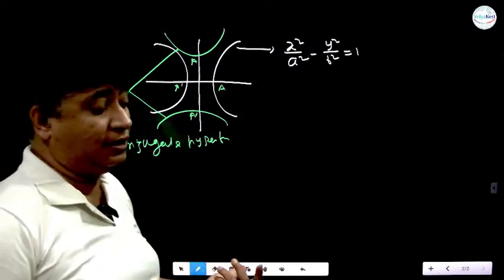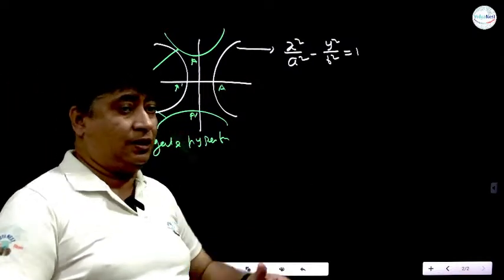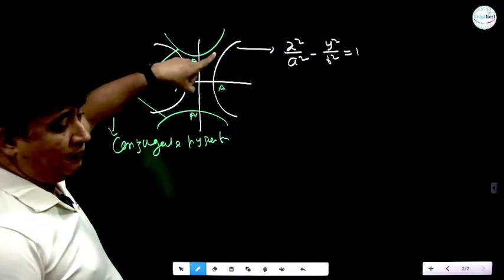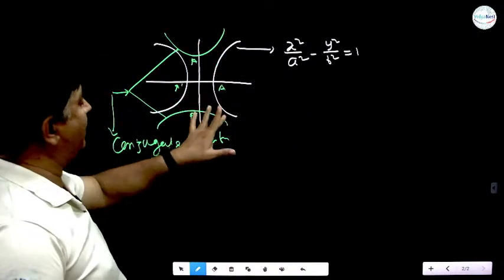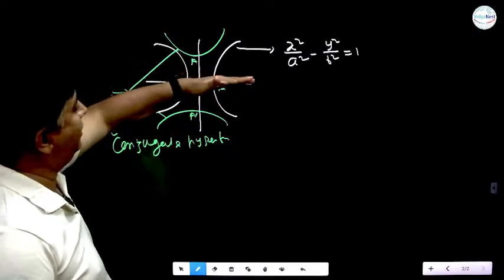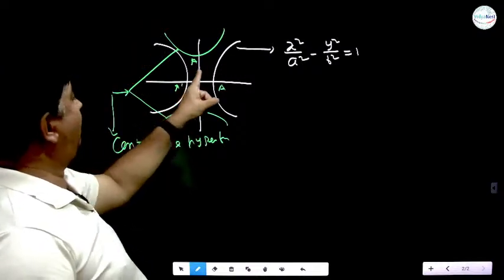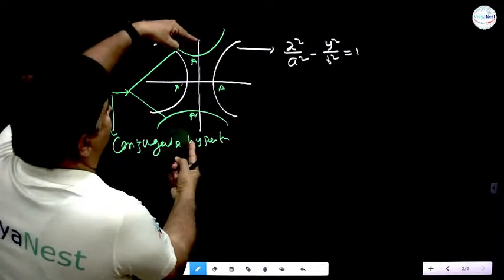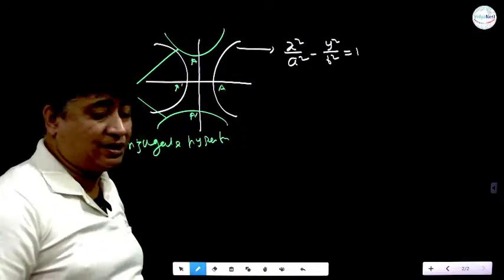Everything will be changed, like the ellipse, only reversed. In the previous figure, the transversal axis lies on the x-axis. Now, if you revert the figure, the transversal axis lies on the y-axis. Understand?